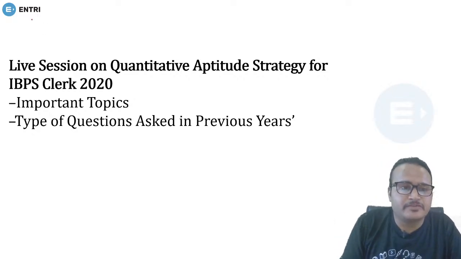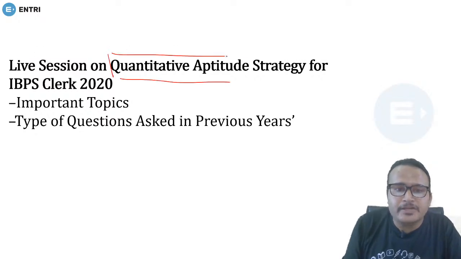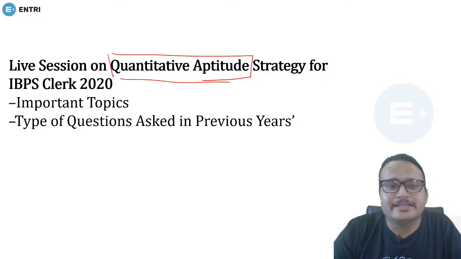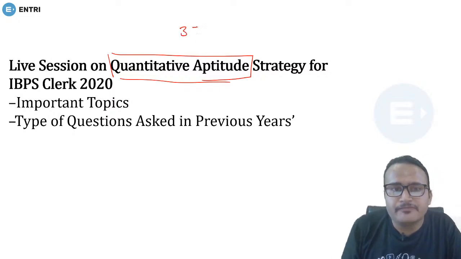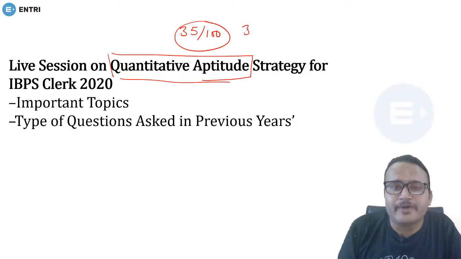In today's session, we're going to talk about quantitative aptitude, basically the main topic, or you can say the base or foundation of banking and insurance exams. Because from this topic, 35 questions out of 100 are there in the examination. 35 questions means 35 marks.